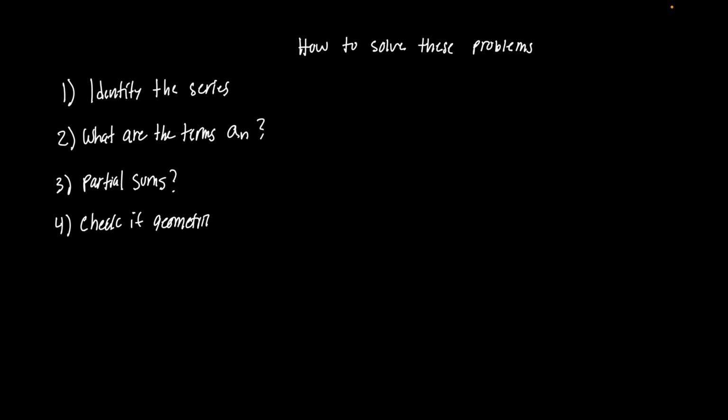Number five, if the terms don't go to 0, then use the divergence test right away. So basically the main tools in this section are your geometric series and your divergence test.